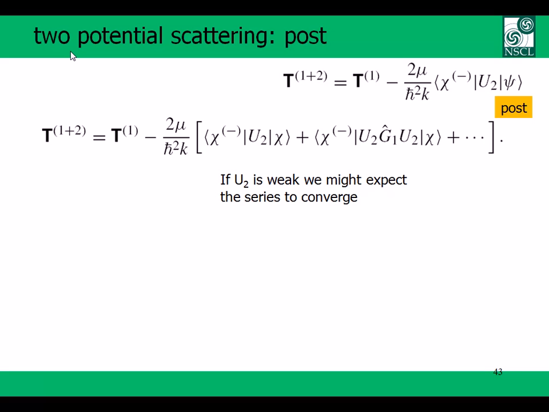If I know how to calculate a distorted wave, which at this point you all do because you did it yesterday, then one could compute this first term just from that. The second term would involve a propagator G1 that now includes the interaction U1. So note that it's not G0 anymore. The propagator includes the effects of U1.